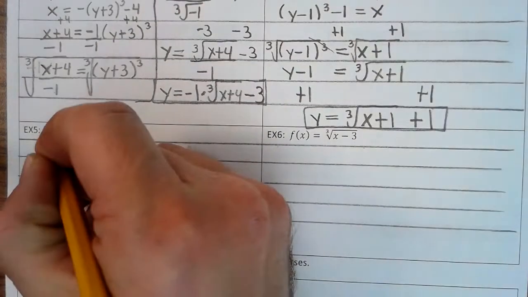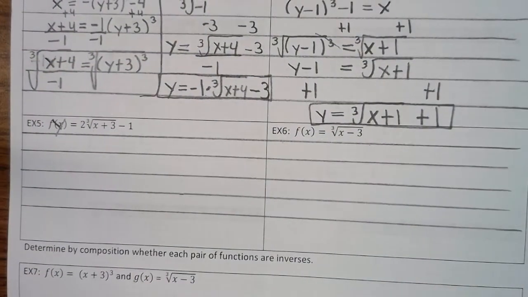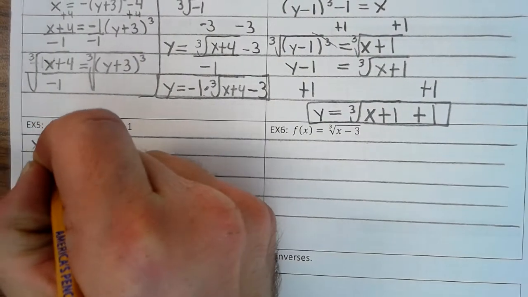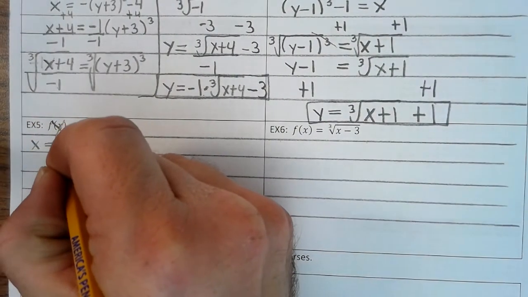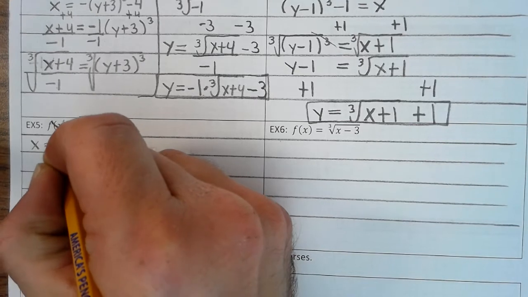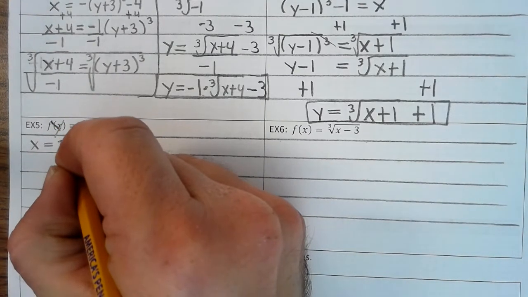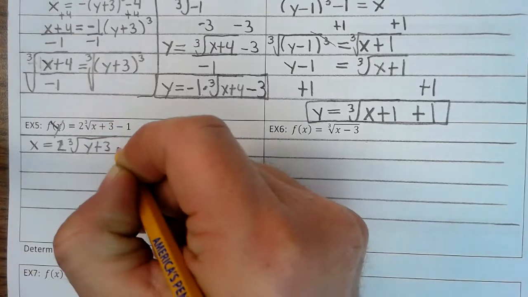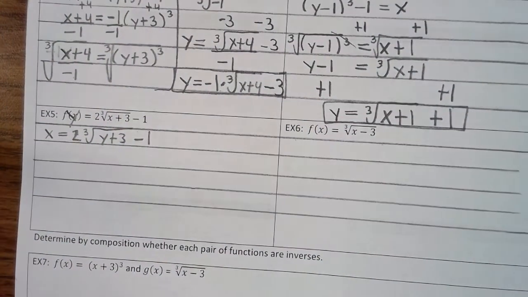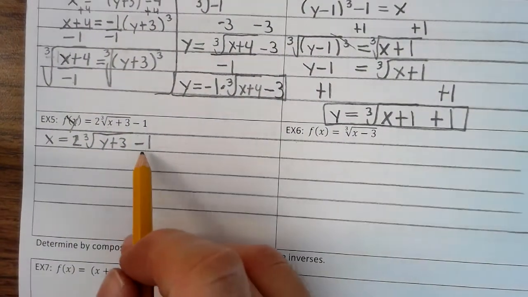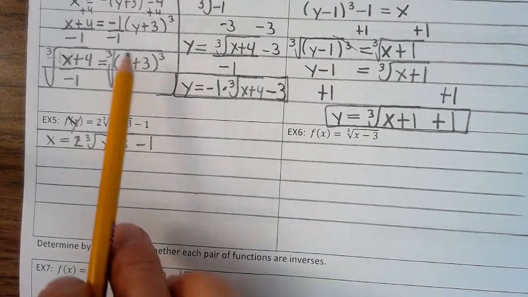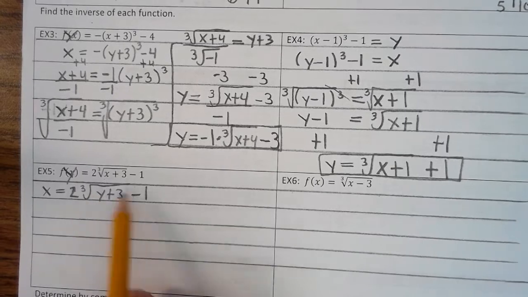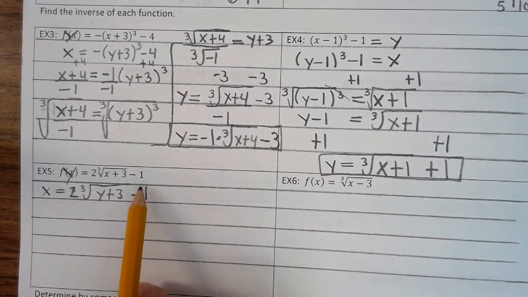All right, so f of x is y. Okay, so then you switch x and y. So x equals 2 cube root of y plus 3 minus 1. So the first step, and I've shown the steps in greater detail in examples 3 and 4, but let me show you how you can go through the steps and not show everything.